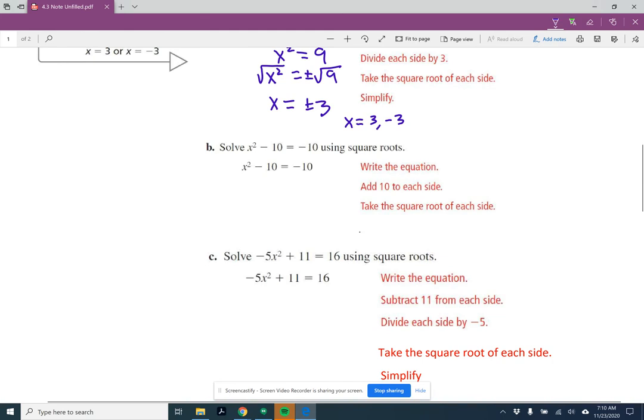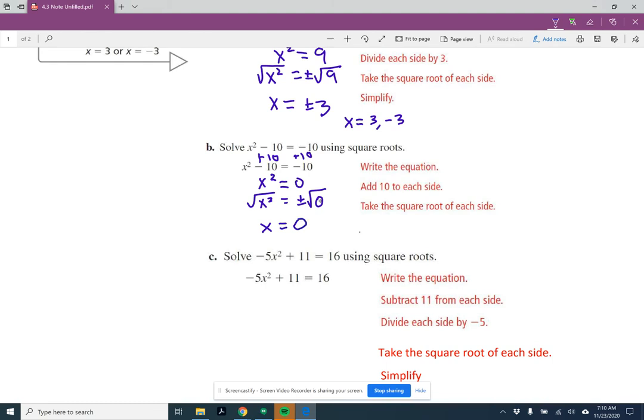All right, part B, solve using square roots again. So we write the equation. We're going to add 10 to both sides. We get x squared equals 0. We take the square root of both sides. Square root of 0 is just 0. And the -0 is still 0.